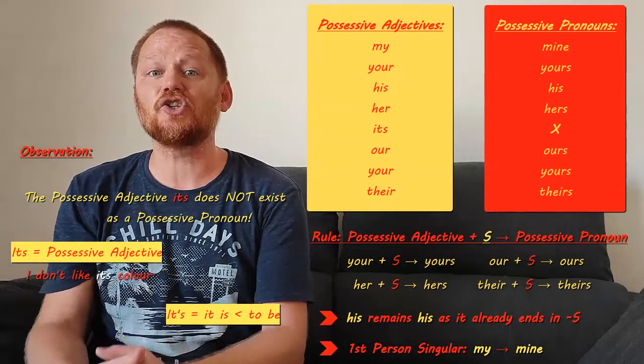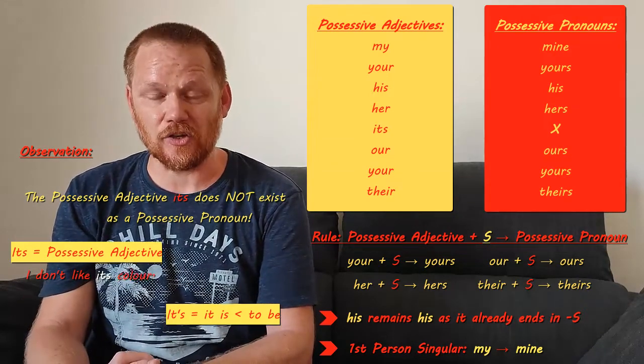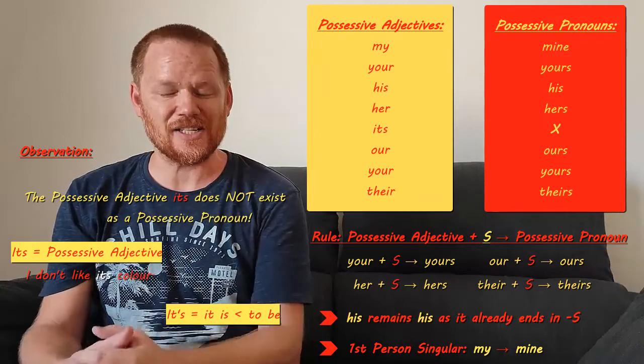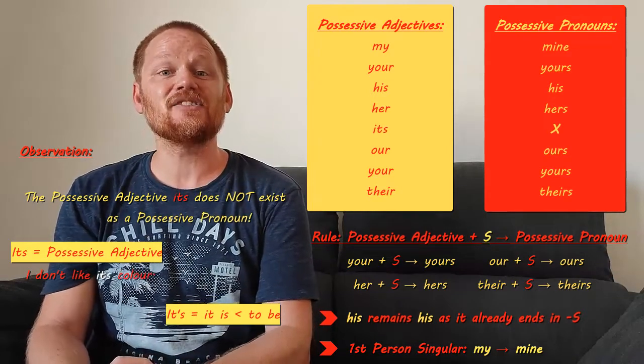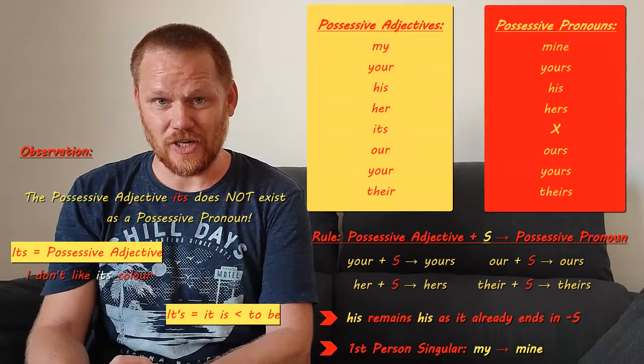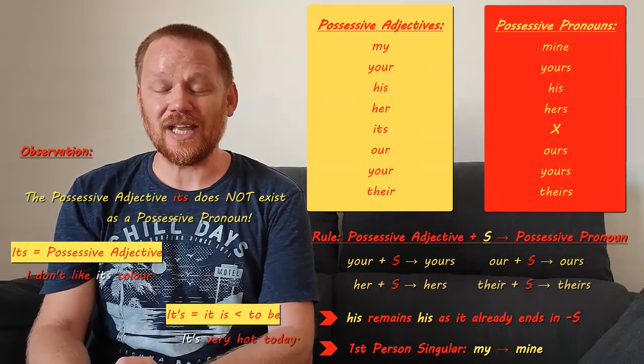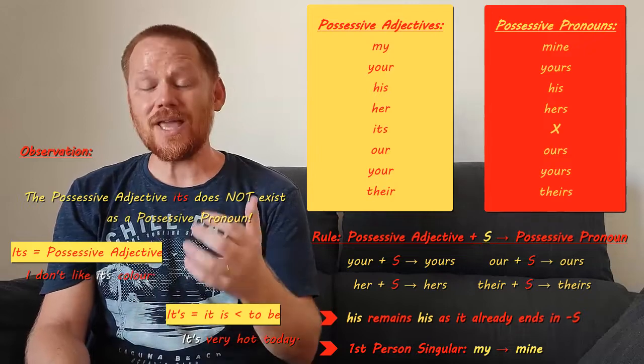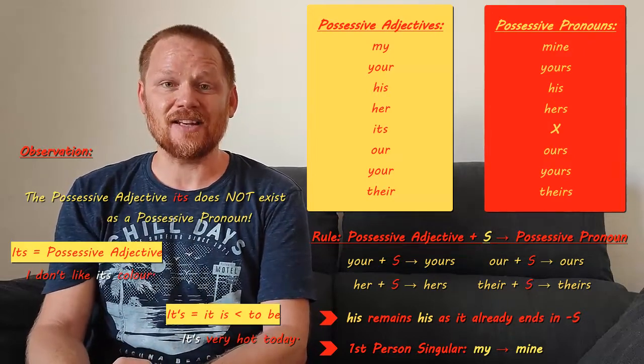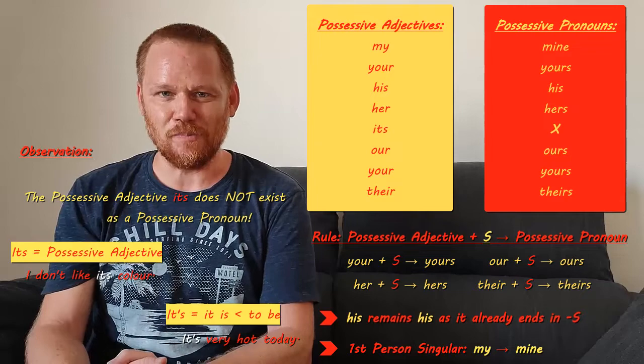For example, I don't like its color, so here we use its as a possessive adjective and it is written without an apostrophe. Or it's very hot today, then we write it with an apostrophe and then we use it as the verb to be, it is.